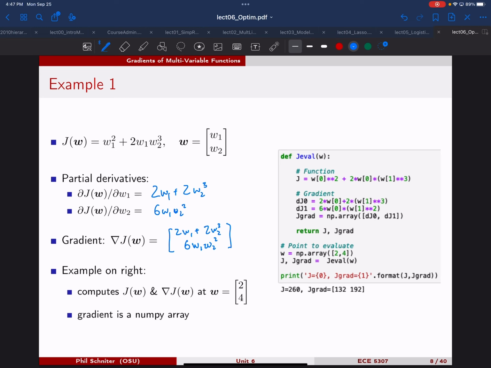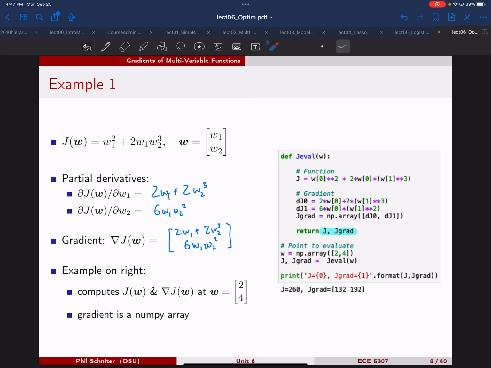Okay, so here is how you would write the code. The first thing I want to point out is that almost always when you write code to do gradients, you also compute the cost J itself. You compute the cost as well as the gradient.